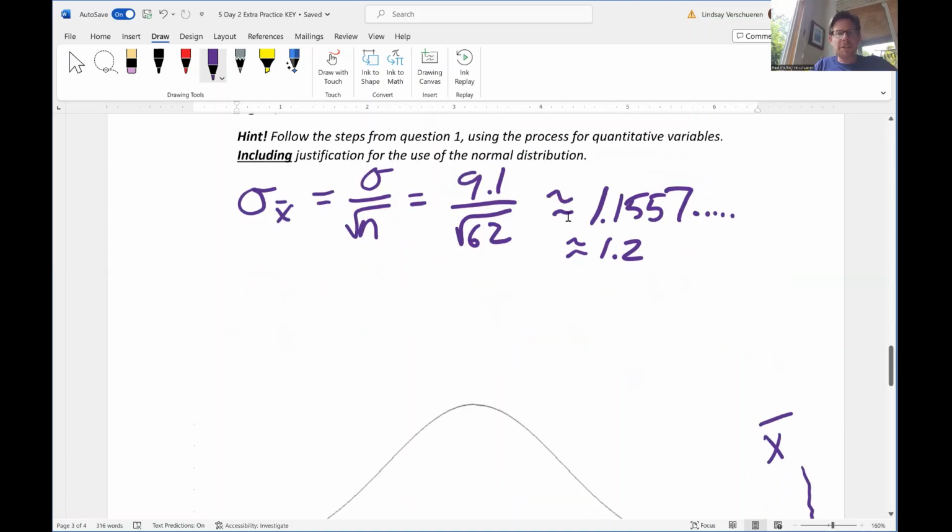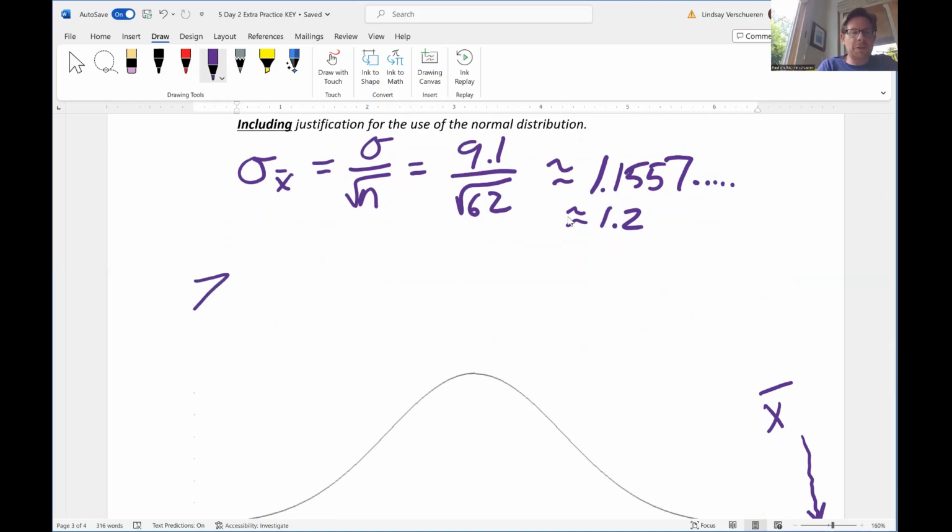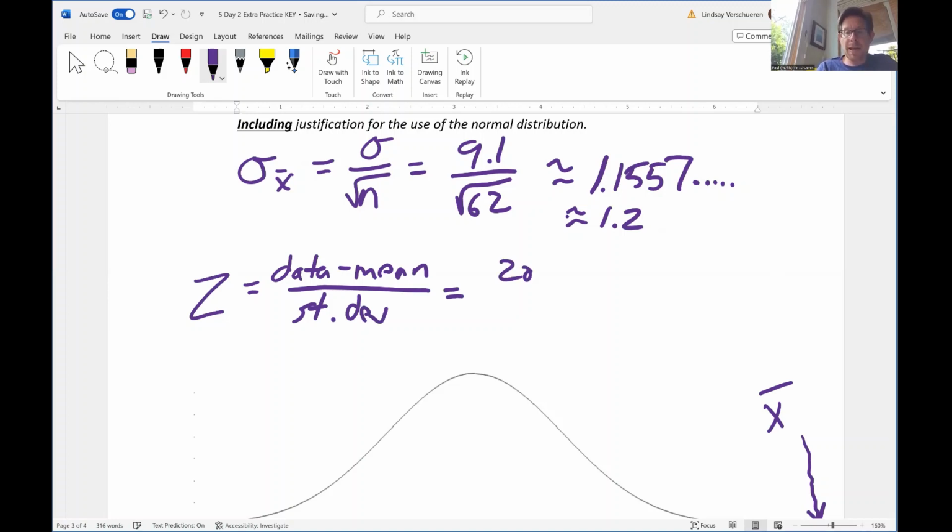The one other thing I'm going to add here is, if you need to, calculate the z-score. In general, it's data minus mean divided by standard deviation. In this case, the data is that 20.9-month sentence on average, minus the 16-month population average, divided by the standard deviation we just found for this distribution, 1.2, and that equals about 4.22.